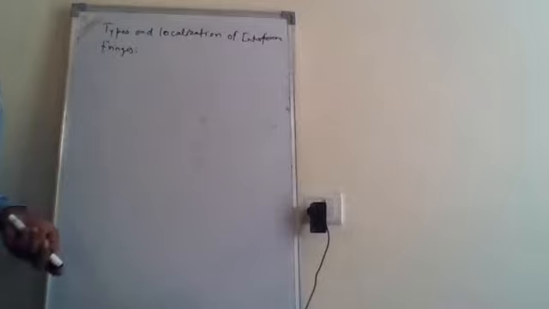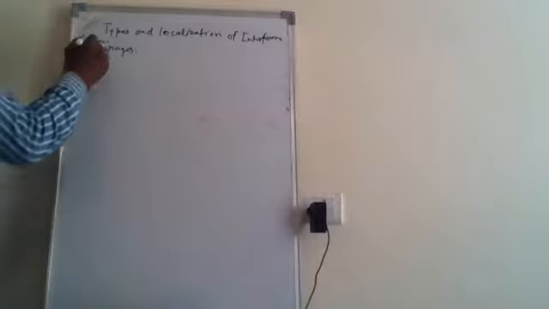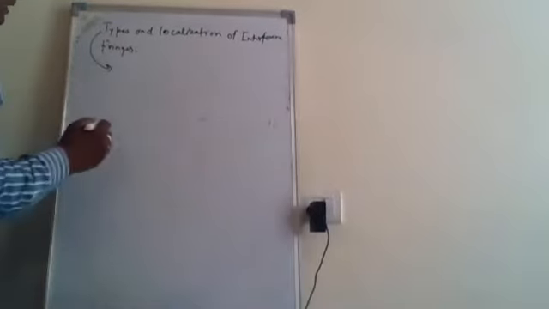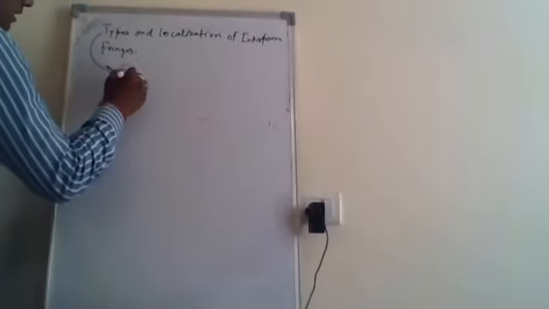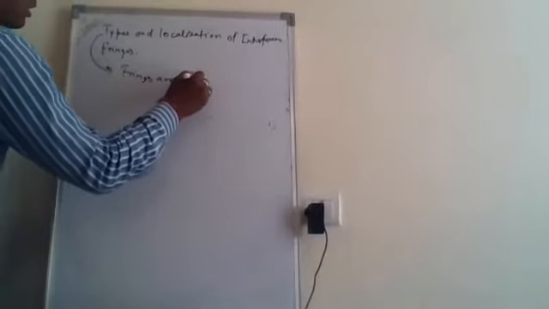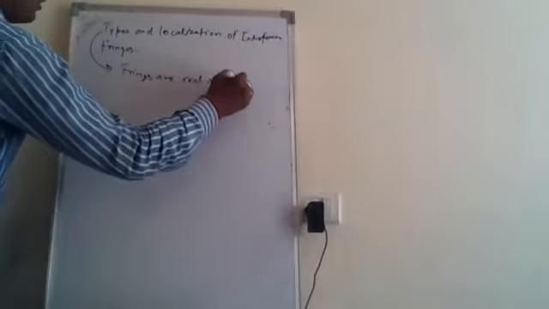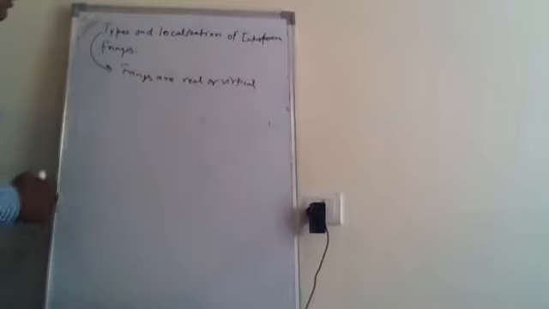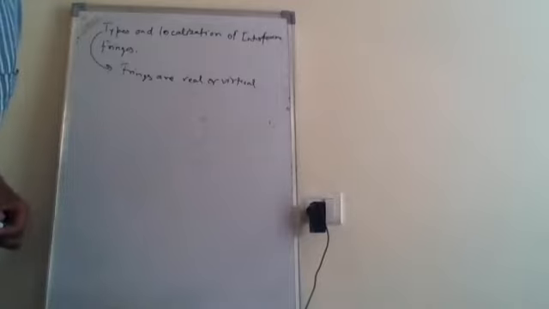Each interferometer gives a different kind of fringes. By types of fringes, we mean whether the fringes are real or virtual. So how will we find out whether the fringes are real or virtual?